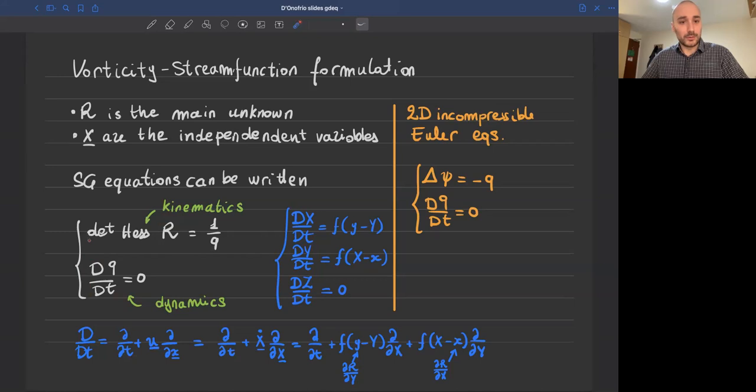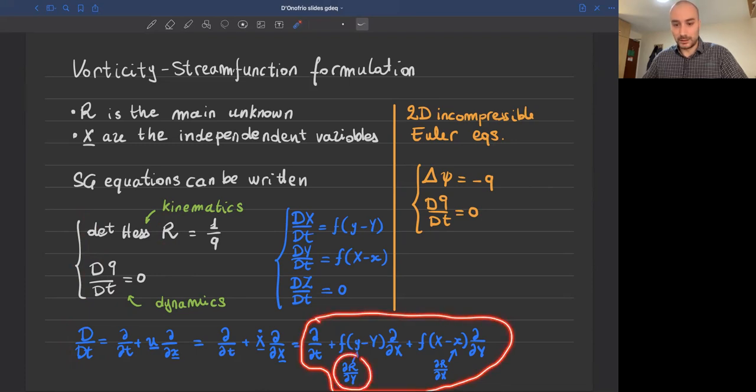Of course, a formulation like this would be possible using P as well, and even using S or T. But the equations involved are going to be much more complicated. As you can see here, the advection operator can be written this way, which is not so complicated.